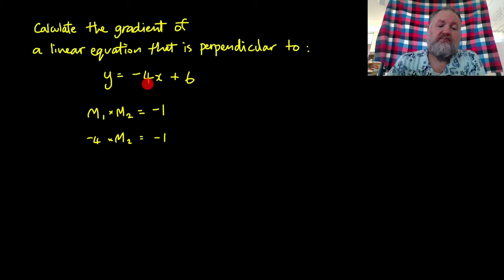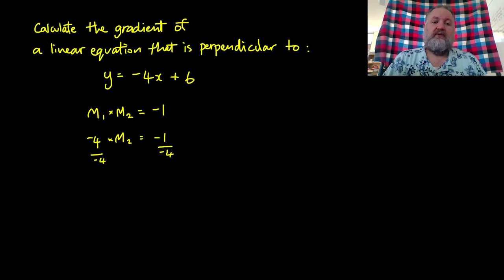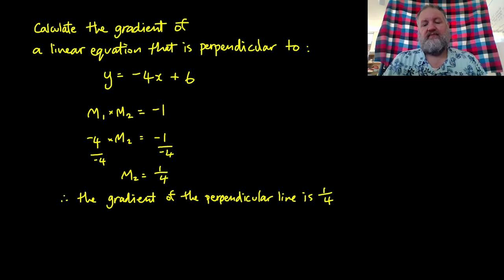That comes from the -4x, that's our gradient. How do I get the second gradient by itself? I need to get rid of the -4, and it's being multiplied, so I divide both sides by -4. I end up with -1/-4, which equals 1/4. So the gradient of the perpendicular line will be 1/4.